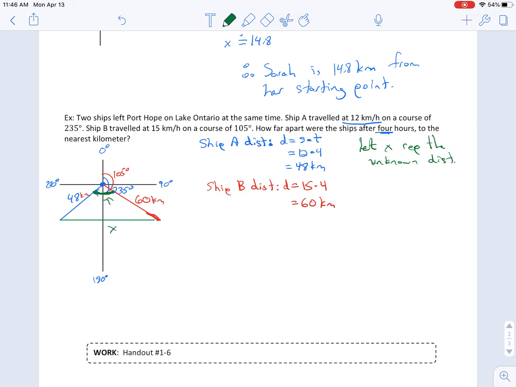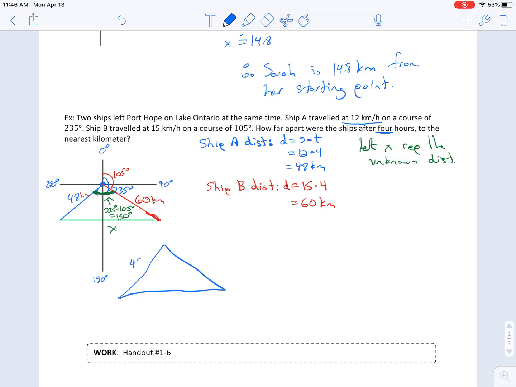I need this angle here. This angle can be thought of as the difference between 235 minus the 105. So that's going to be 130 degrees.